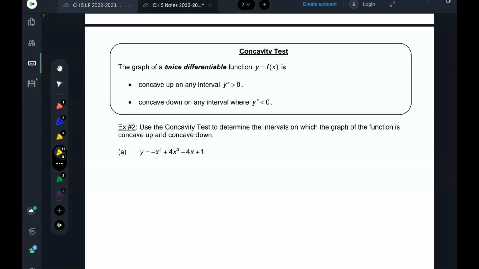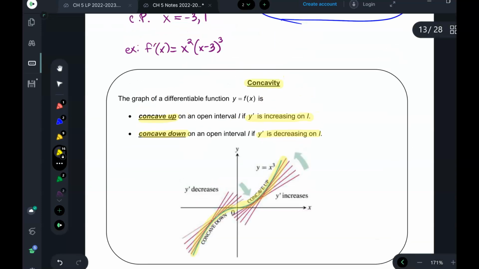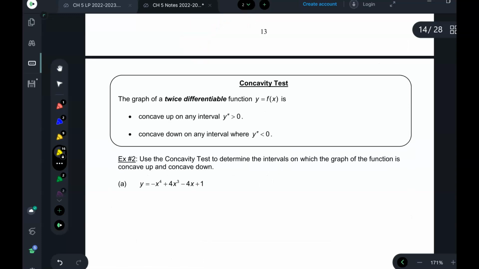If it says y prime is increasing, that's talking about the derivative of the derivative being positive. We're talking about the rate of this. So I'm talking about the instantaneous rate of y prime, which would be the second derivative. So here we go. Concave up, the second derivative has to be greater than 0.